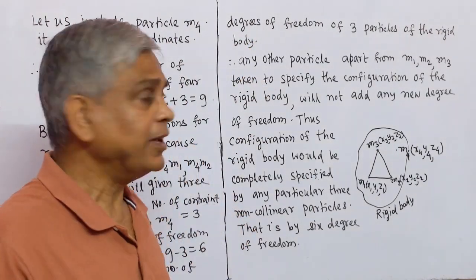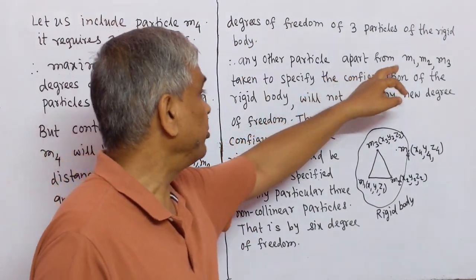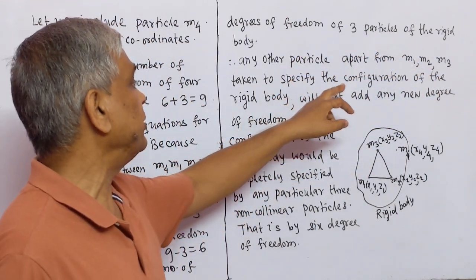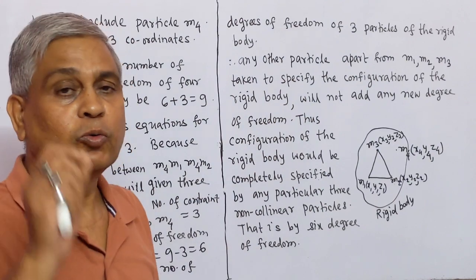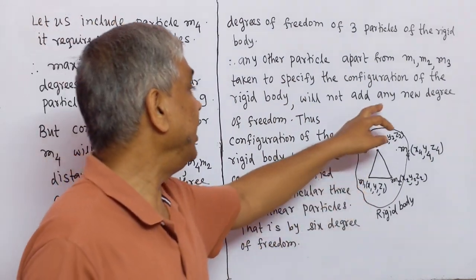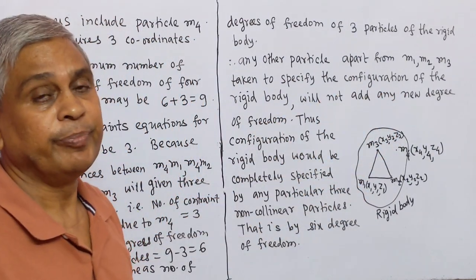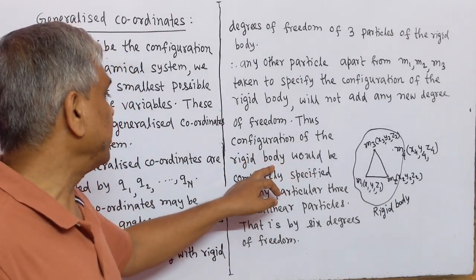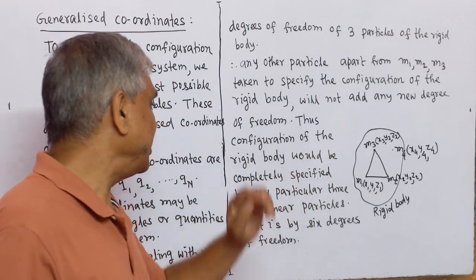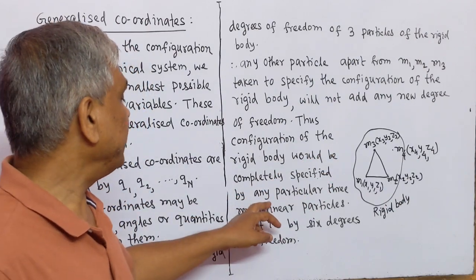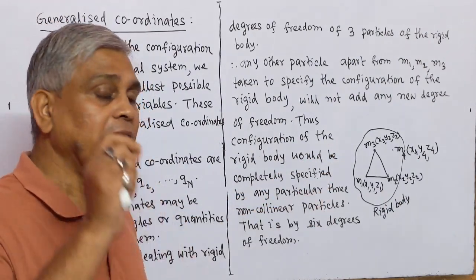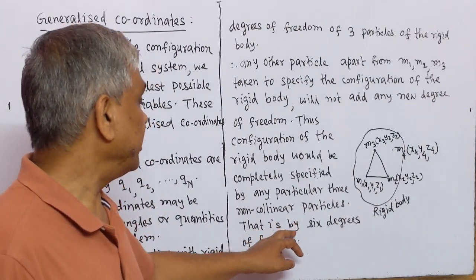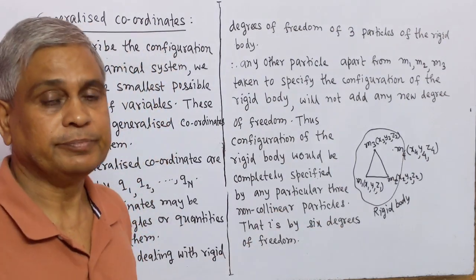Therefore, any other particle apart from M1, M2, M3 taken to specify the configuration of the rigid body will not add any new degree of freedom. Thus, the configuration of the rigid body would be completely specified by any particular three non-collinear particles, that is by 6 degrees of freedom.